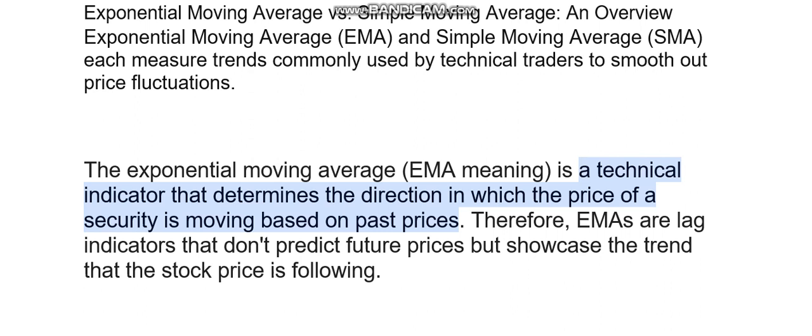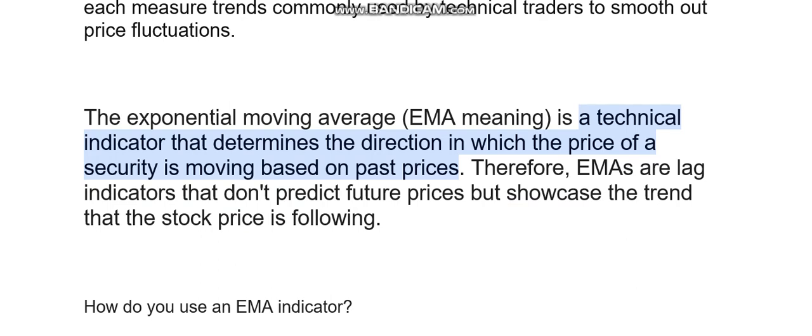The exponential moving average (EMA) is a technical indicator that determines the direction in which the price of a security is moving based on past prices. Therefore, EMAs are lag indicators that don't predict future prices but showcase the trend that the stock price is following.